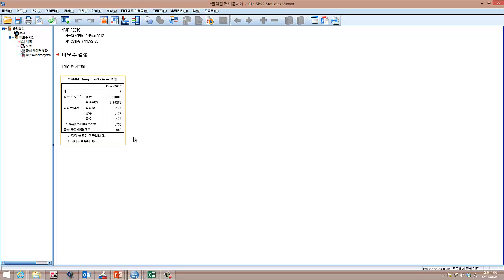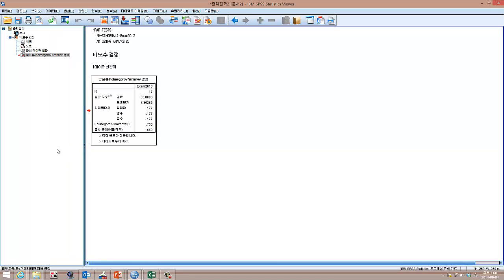Our focus is usually 95%, and here the result provides 0.660, so it's far larger than 0.05. So it's not different from the normal distribution. That's actually what it is saying. We are going to learn more about reading this kind of data from next week.